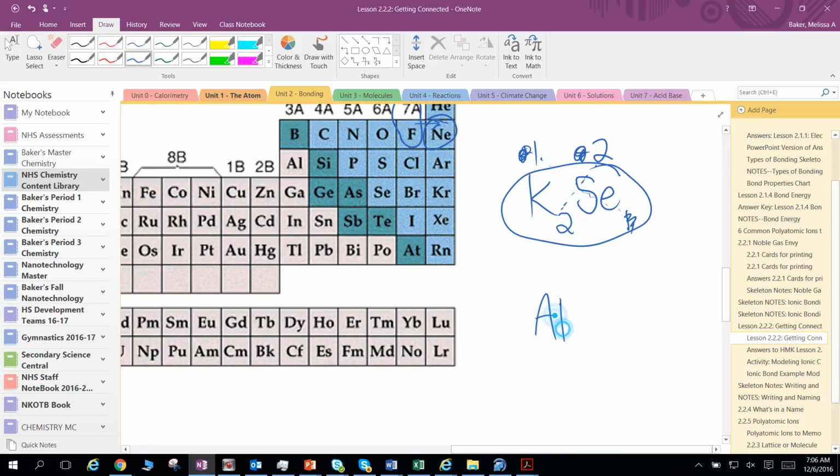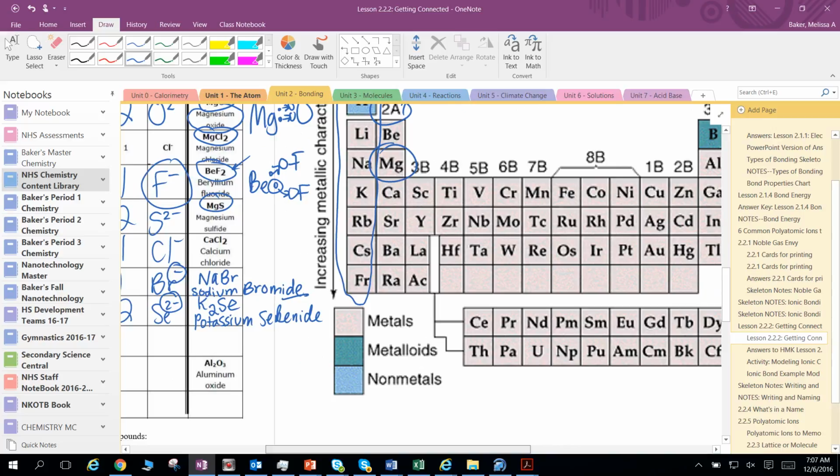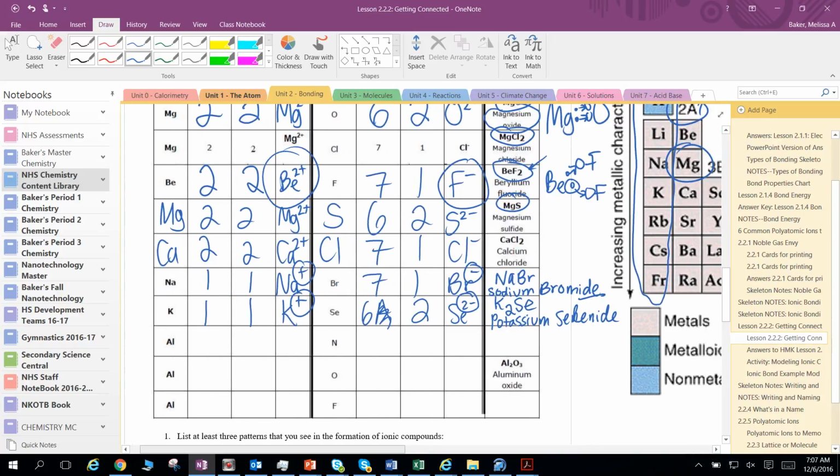Let's do another one. If you've got aluminum and oxygen, you crisscross that 2 down, crisscross the 3 down, and you've got Al2O3 for your final compound. So that works every time if you need to crisscross, and you only need to crisscross if the charges don't cancel out.